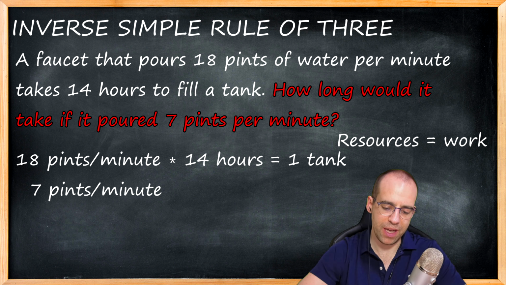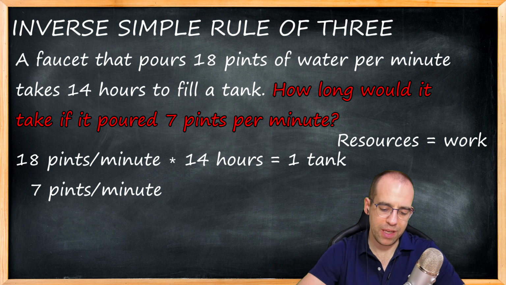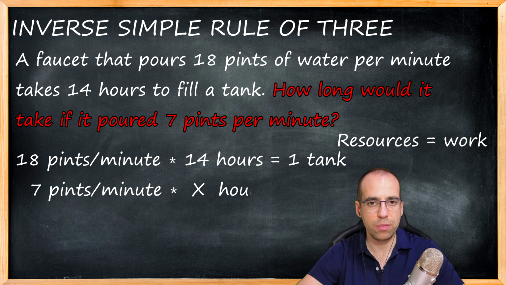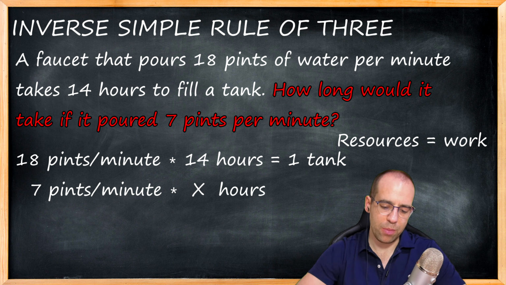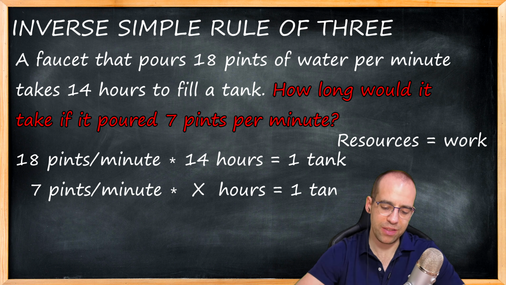We're measuring time in hours, just like in the problem statement, okay? What we don't know is how many hours. So, in that measurement of x hours, the numerical element is our unknown. The dimensional element, which is hours, time, we do know. Perfect. For what purpose? What is the final task? Well, it doesn't specify anything. That is, it's telling us exactly how long it would take to fill that same tank with that flow rate. So, the work is the same.